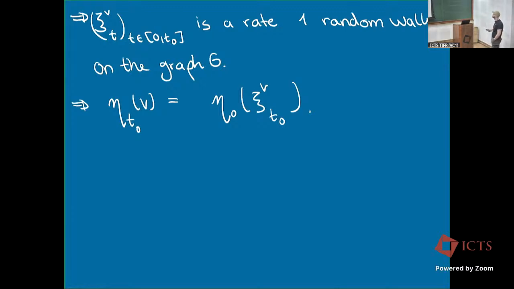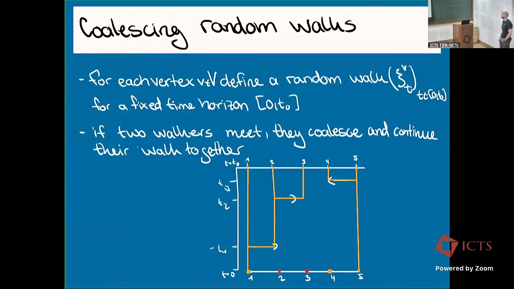And then to put this into a more global picture, what one gets is a system of coalescing random walks, which is the title here. You define one of those processes for every vertex in the graph. You start with one walker at every given vertex, and then you perform such a random walk.